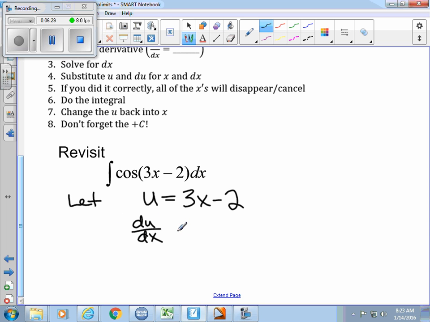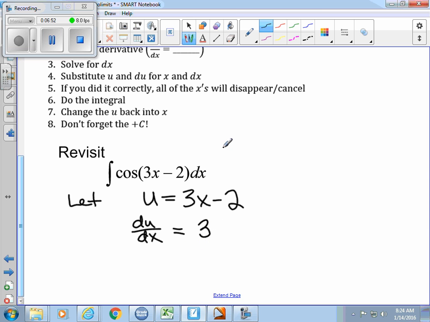This is probably the last time I will write this quite this way. I'll shortcut it a little bit, and I'll show you that on the next problem. But for this problem, we'll cross our t's and dot our i's and do everything exactly textbook. Would you agree this derivative is 3? The derivative of u with respect to x is 3? I'm going to solve for dx.